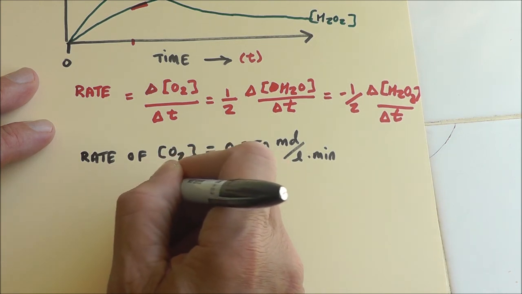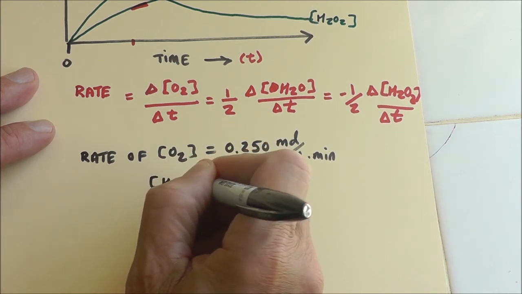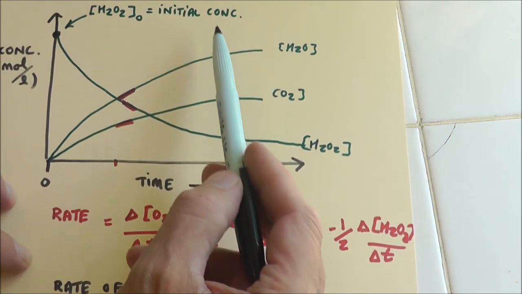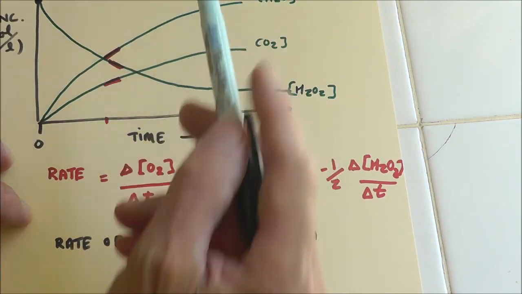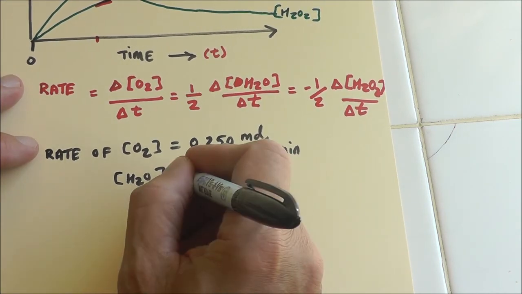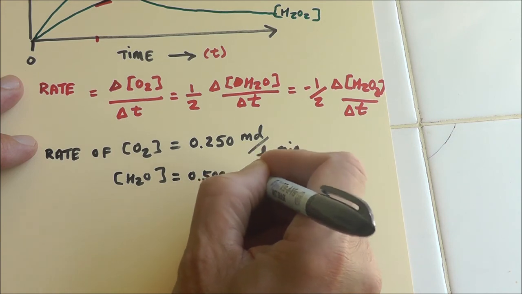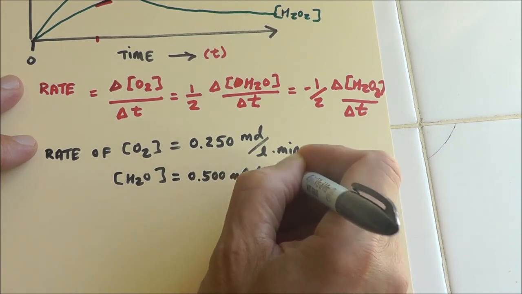So that would mean concentration of H2O. And I'm not reading this thing's mind. I'm looking at the equation and seeing that there is a coefficient of 2 there. For every O2 I make 2 H2Os. That would be double that, and that would be 0.500 moles per liter per minute.